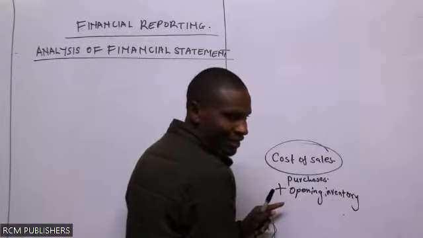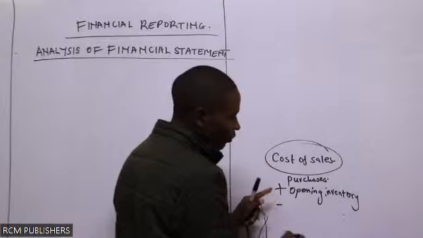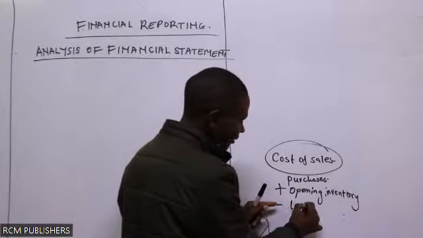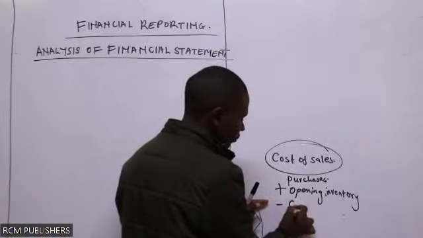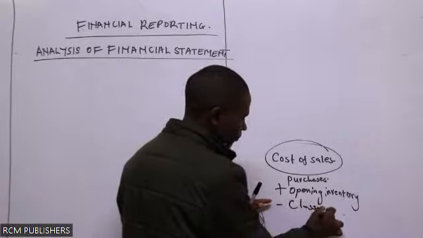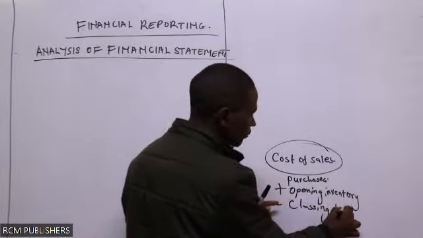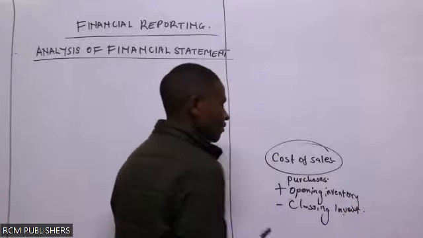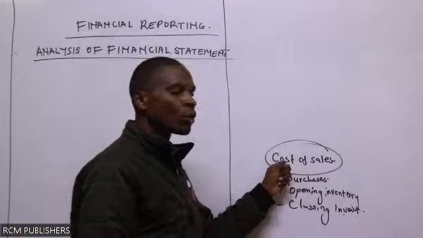Then we less what? Closing inventory, right? Let's just call it closing inventory. This is a very good item that you have given us. Yes. We shall be looking at our cost of sale.